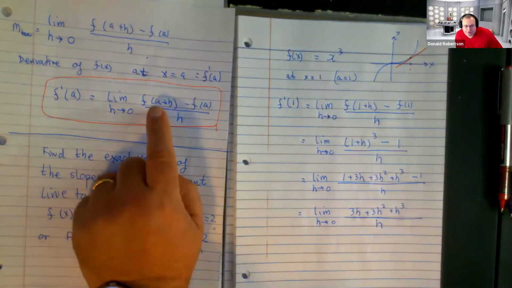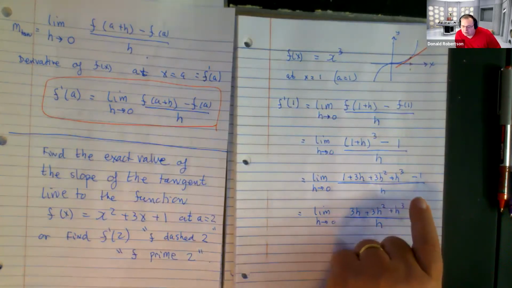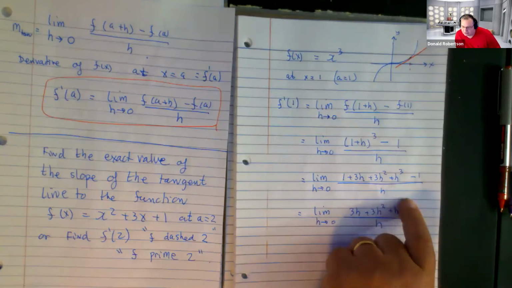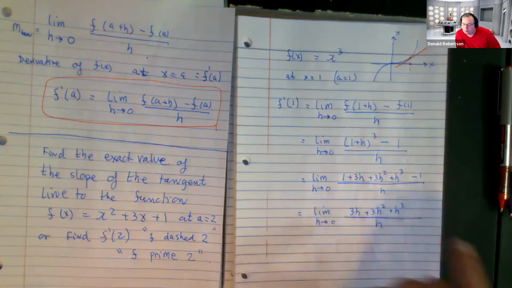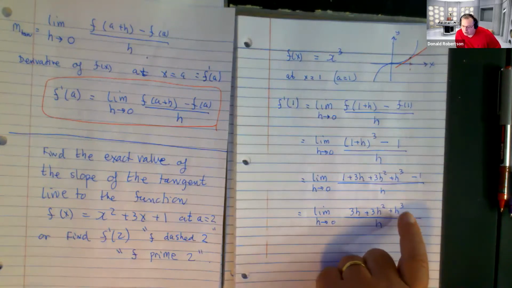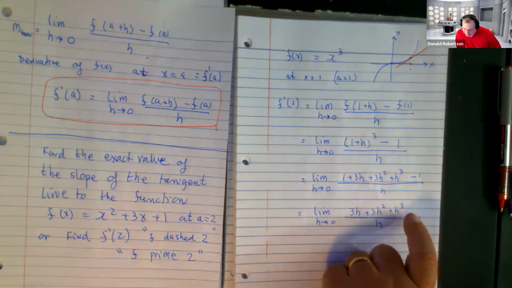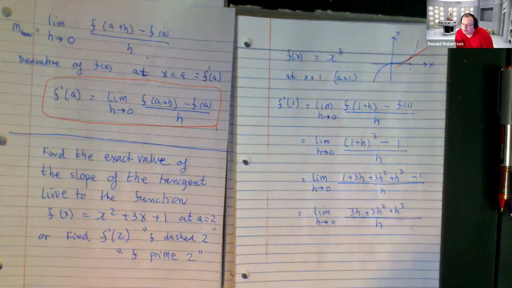Whenever you use this formula, there is going to be a line that looks like this. All the stuff that's left on the top will have an h in it. It might be h squared, it might be h cubed, it might be 5h, but it will have an h in it. If you have a +7 or a -2, a number on its own, you have done it wrong.